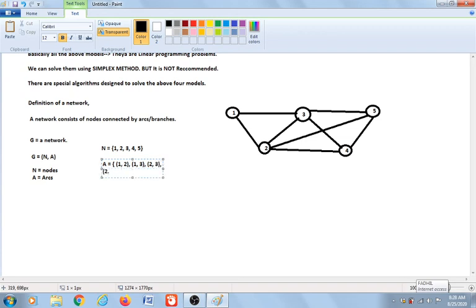(2, 4), (2, 5), (3, 4), (3, 5), and the last one is the arc connecting node number 4 and node number 5.